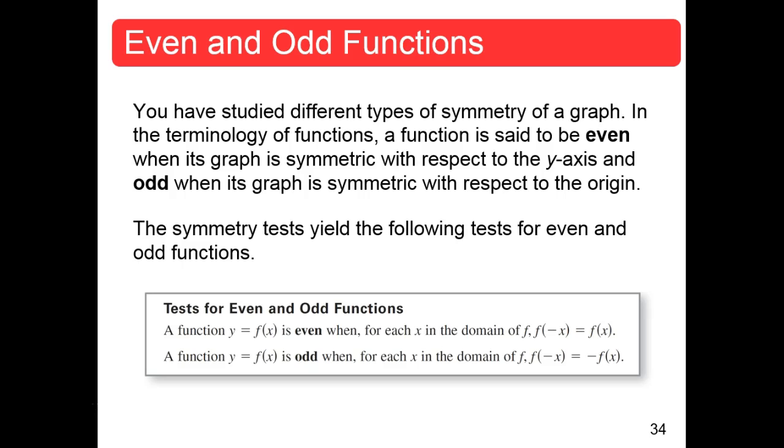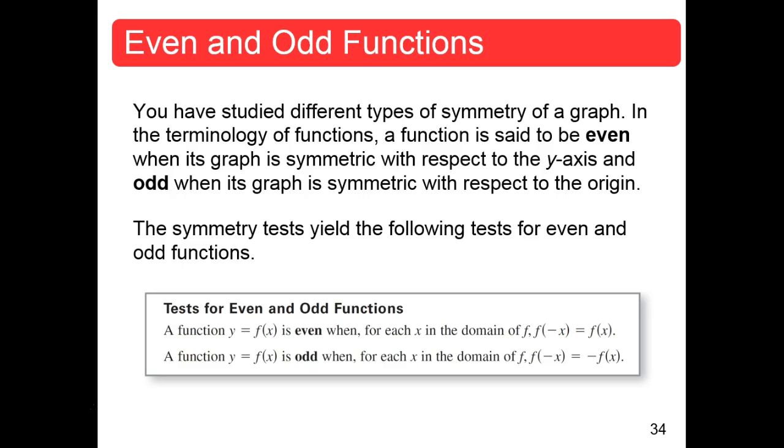That means it's even. However, y equals f of x is odd when for every x in that domain, if you put in that same minus x here, you get exactly the opposite of this one. Not just something different, exactly the opposite. So that means if it's doing this on this side, it's doing that on that side. Not even, odd.